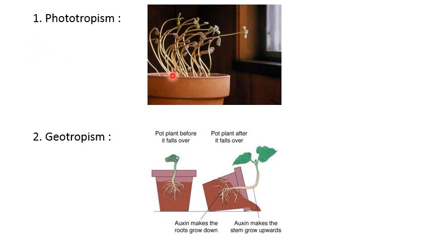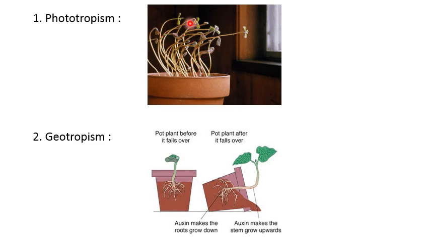So in these shoots, when a beam of light falls on the stem, the front side of it gets illuminated, and the region away from the light gets shaded. So there is more growth in the shaded area than in the lighted area, and this brings about this type of curvature.